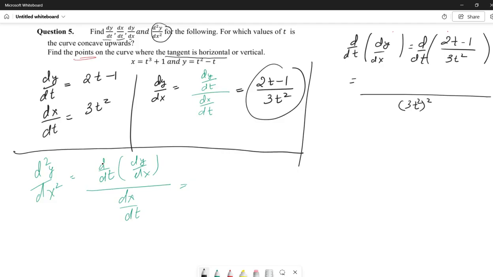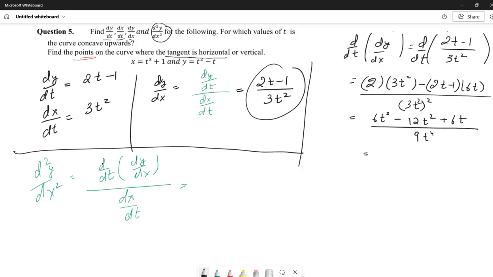The derivative of 2t minus 1 is 2, times 3t squared, minus 2t minus 1 times the derivative of 3t squared, which is 6t. That's 6t squared minus 12t squared plus 6t, divided by 9t to the power 4.